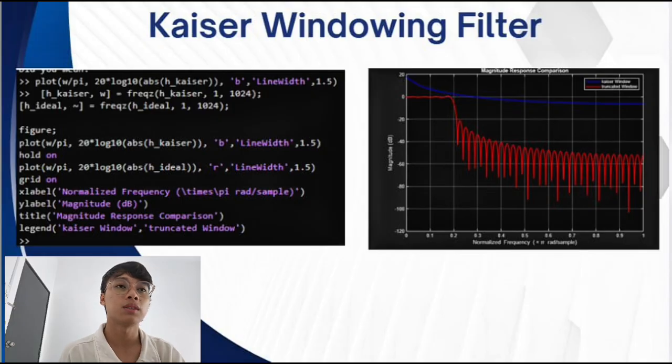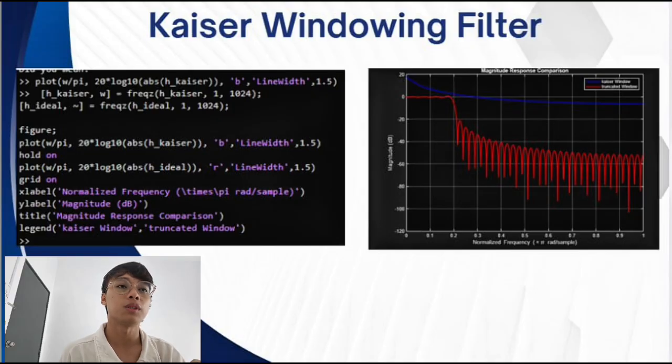Then h ideal is freqz of h ideal, 1 and 1024. So in our figure, we plot w over pi, 20 log 10 abs of h Kaiser, the blue line, so b. Then we put line width 1.5 and hold on. Next we plot w over pi, 20 log 10 abs of h ideal, in red for line width.